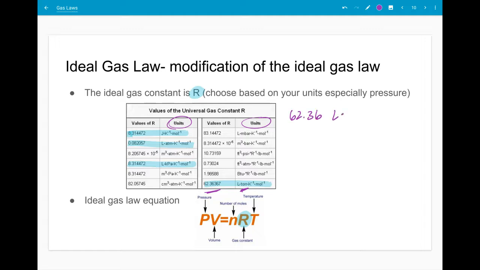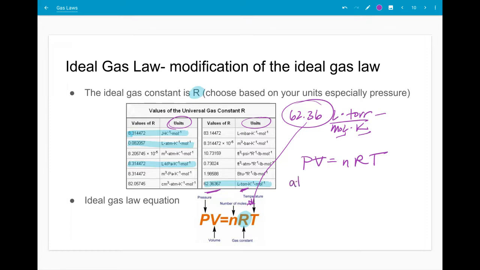Okay, and if I was to write the units, it would look like liters torr over mole Kelvin. Okay, so that number, that's 62.36, would go into R, which means my pressure would have to be in torr, my volume would have to be in liters, n is the number of moles, and T is your temperature in Kelvin. Now we could actually solve for units of R to show how this works.